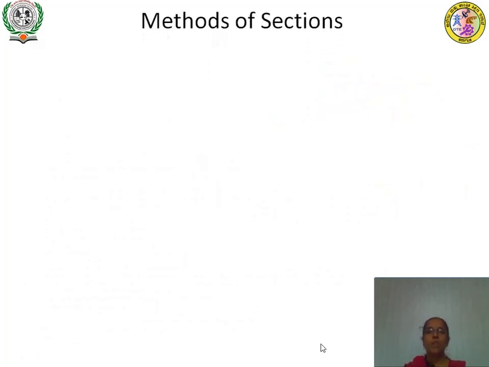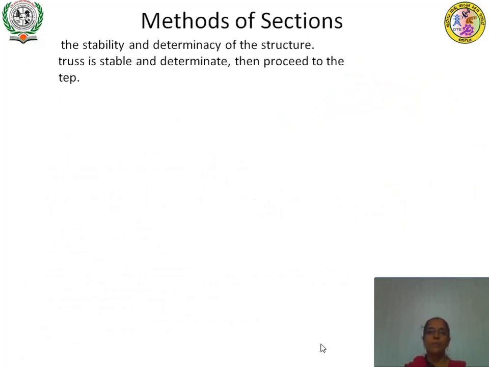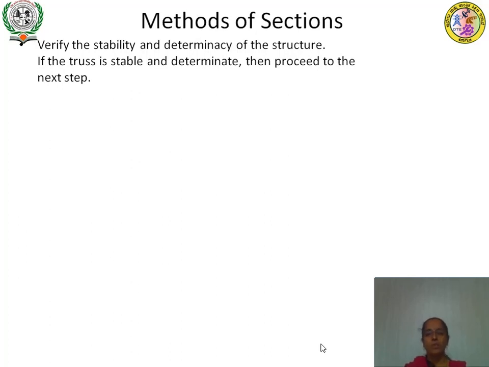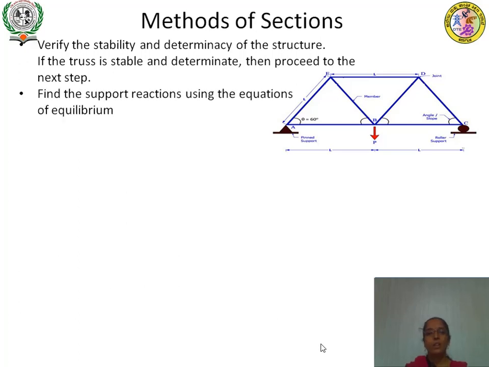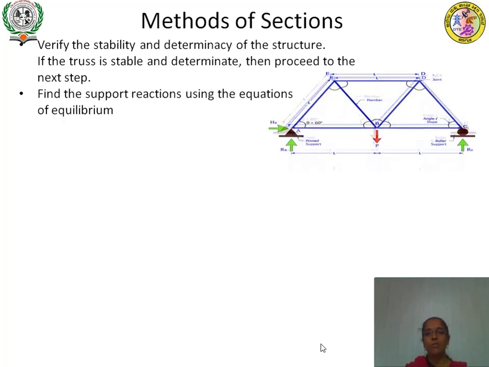Next we will move to method of sections. The first step is the same: verify the stability and determinacy of the structure. If the structure is stable and determinate, then proceed to the next step of finding the support reactions using the equations of equilibrium.